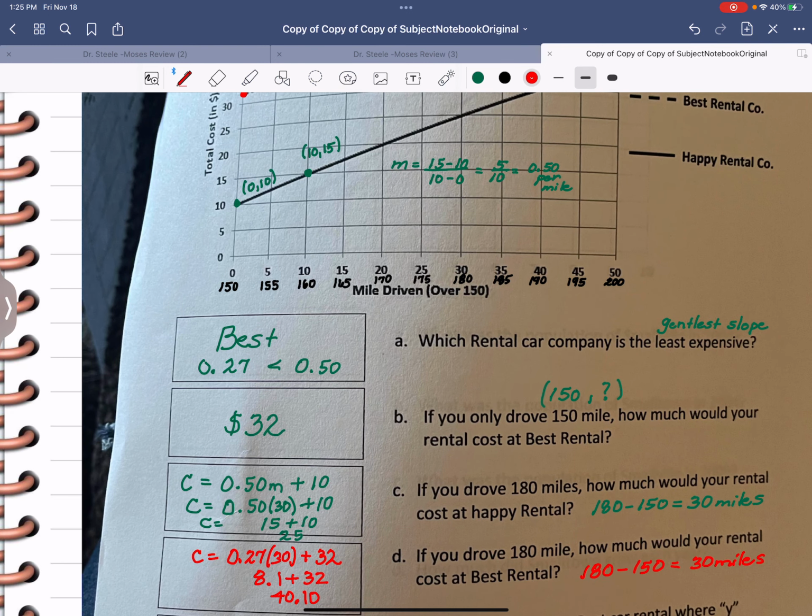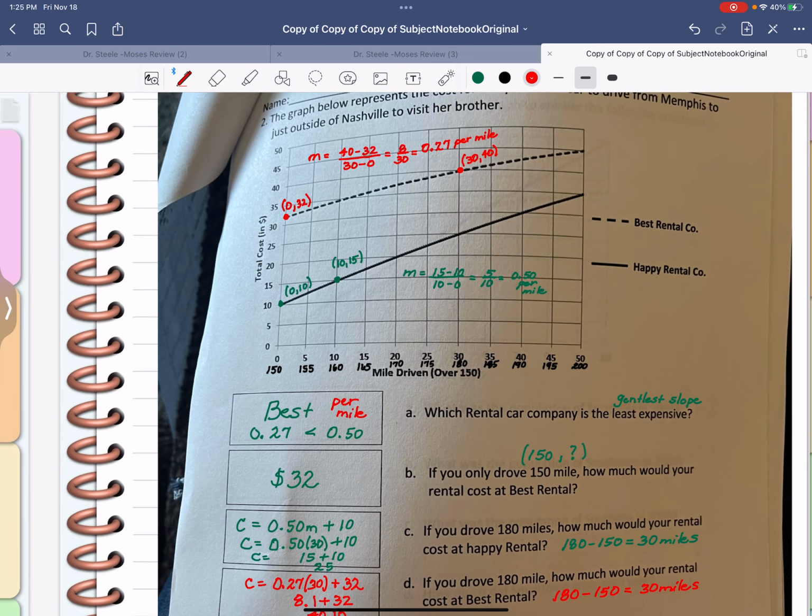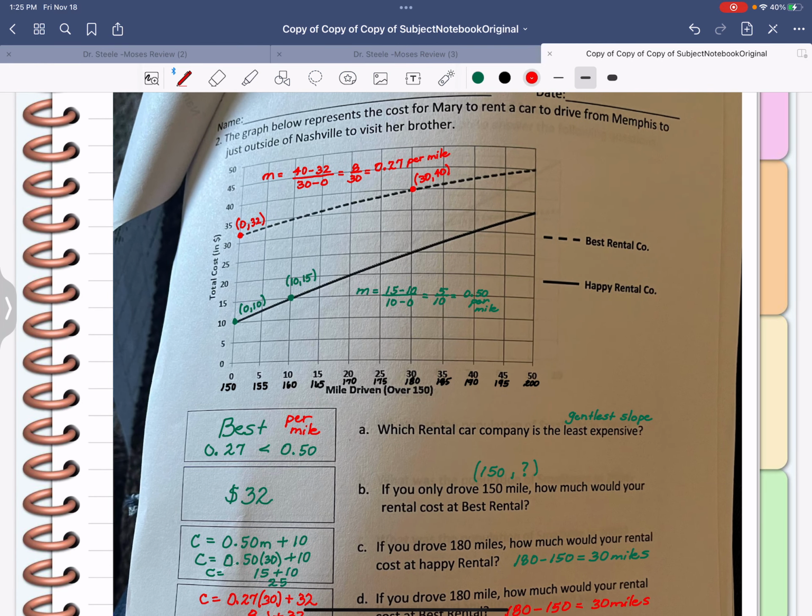What I wrote here is that yes, it is the best deal if you're just figuring miles. What we can never underestimate is the power of this starting point.